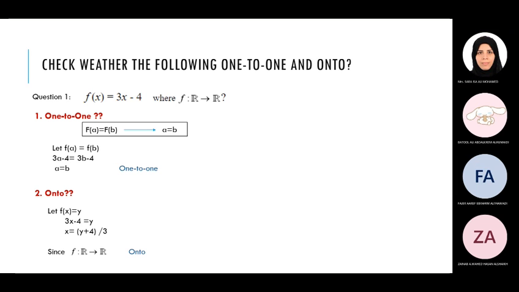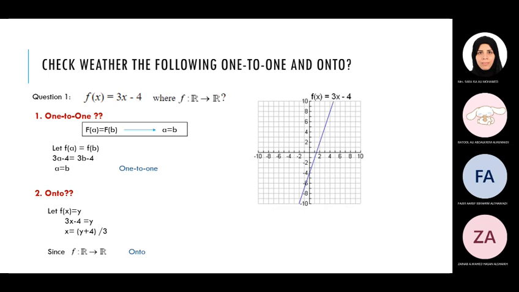Now, if you draw the sketch of the function, you will find it this way. This is how we draw the linear function: we find the x-intercept and the y-intercept, and then we draw the line with arrows.